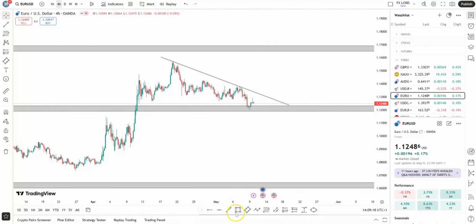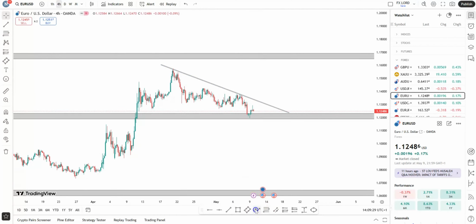So Euro USD came from this move, came from below here, and now Euro USD is in a flag pattern. So on a flag pattern, we are expecting Euro USD to create something like this for us. Maybe we are going to be watching out for something like this. We get a breakout here, maybe a retest, and we head upward, and we head all the way here. So this is a bullish scenario.